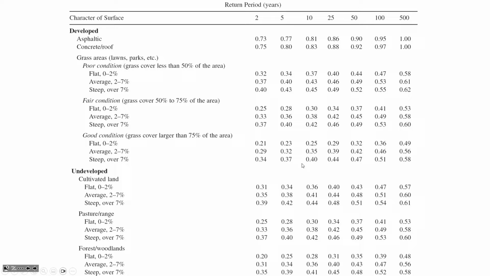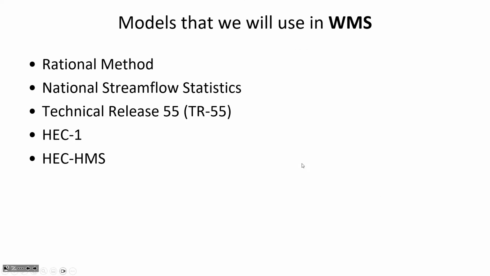And so TR55 uses just the overall depth of precipitation and a unit hydrograph, whereas HEC1 and HEC-HMS both use precipitation time steps in an effort to get some enhanced accuracy.